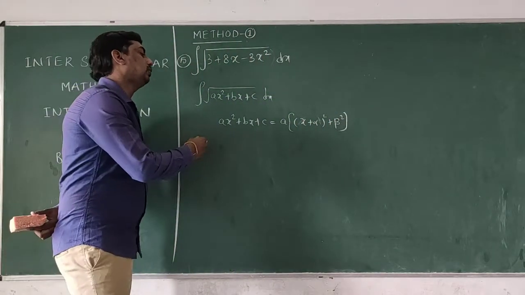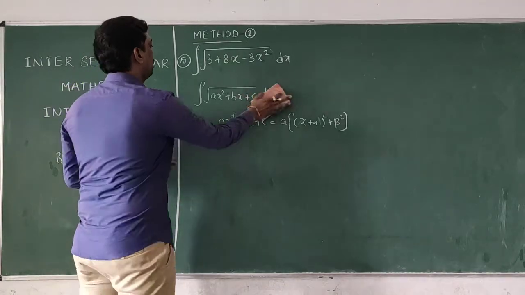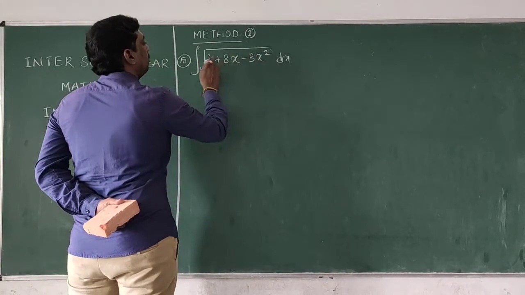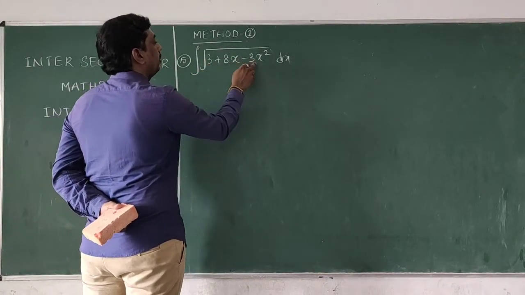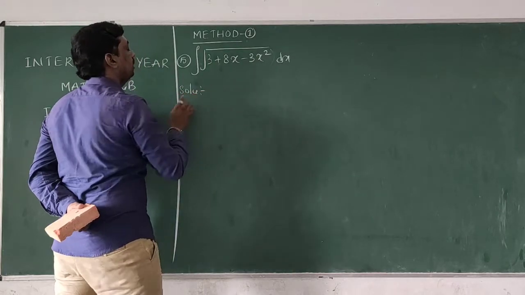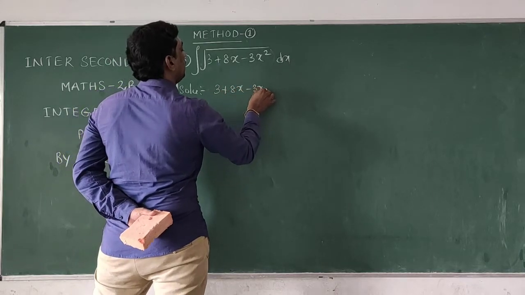After that, do the integration, then we get the solution. Understood? Now first take the internal function, which is in the form of ax square plus bx plus c. In the solution, take the given form 3 plus 8x minus 3x square.